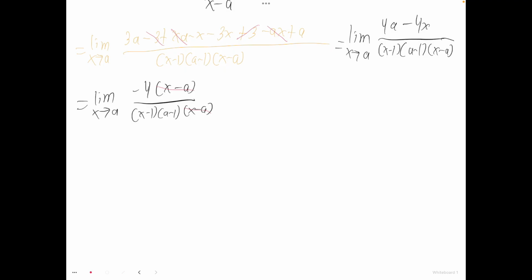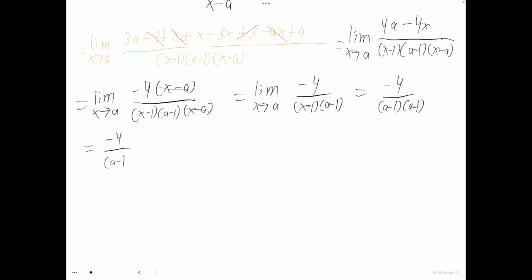X minus a on the top and the bottom cancels. And we're left with the limit as x goes to a of negative 4 over (x minus 1) times (a minus 1). And now we can just plug a directly in to get negative 4 over (a minus 1) times (a minus 1). So we get negative 4 over (a minus 1) squared.